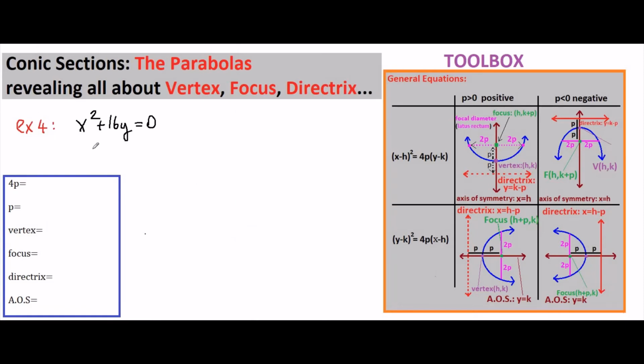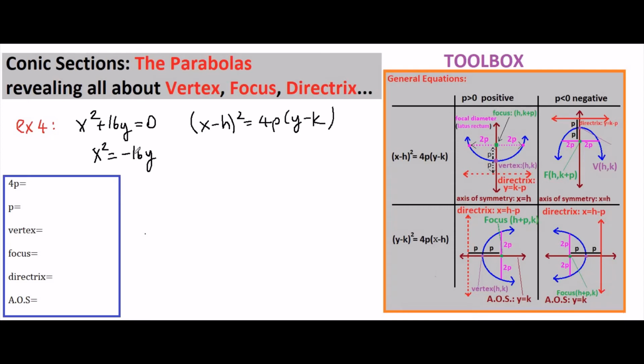Example 4, x squared plus 16y equals 0. Let's rearrange this equation. So x squared is equal to negative 16y, subtracting 16y on both sides. And this equation is in the form of (x minus h) squared equals 4p times (y minus k).